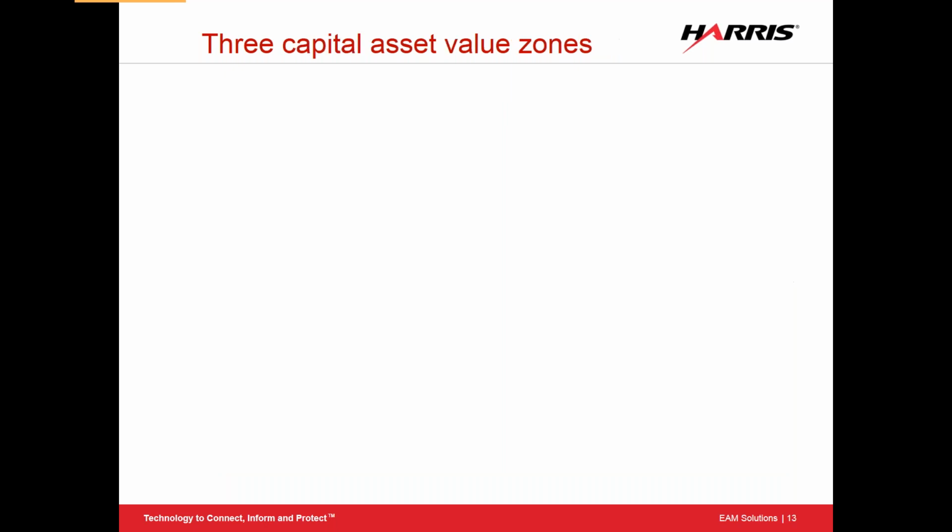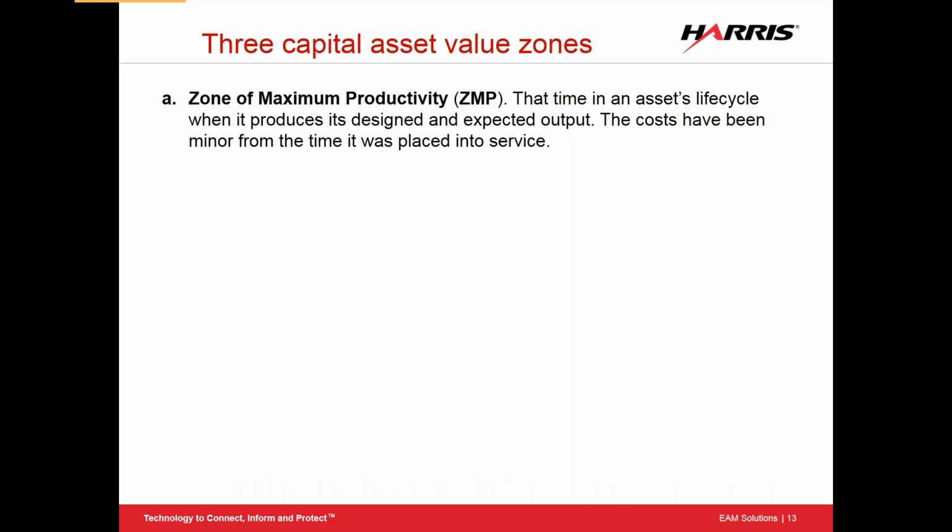Okay, so just as a recap for these zones of productivity, again, this is the asset's life cycle. You see maximum productivity during the ZMP, I call it. The costs have been very minor since it was placed into service.